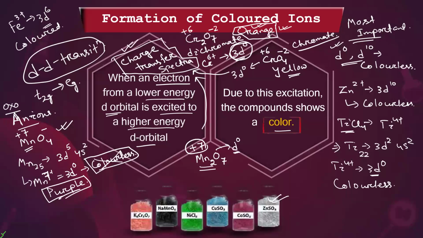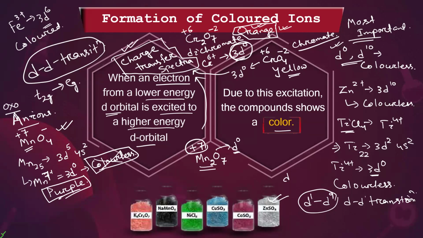Okay. In whole color formation, you have two things. If your ion has any configuration between d1 to d9, then it will show d-d transition and it will be colored.